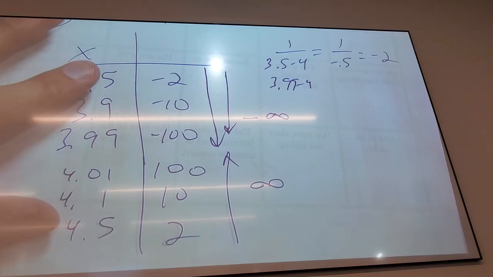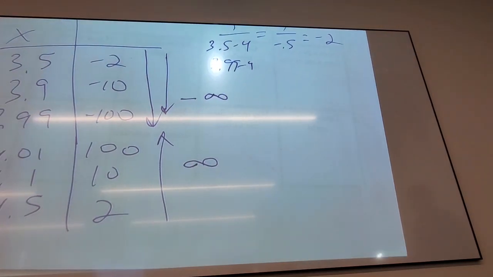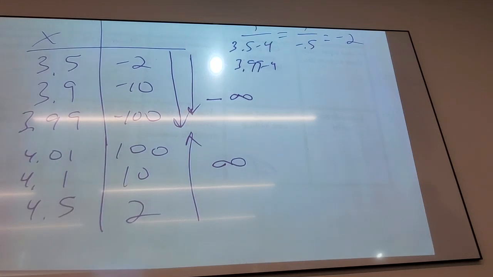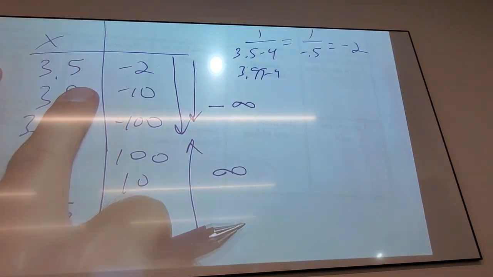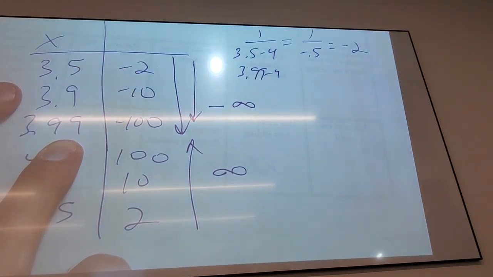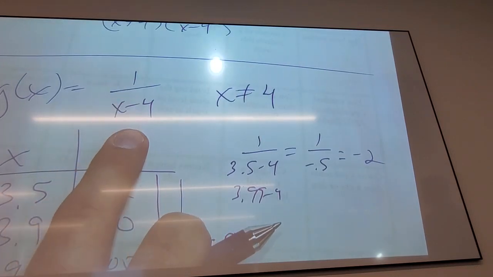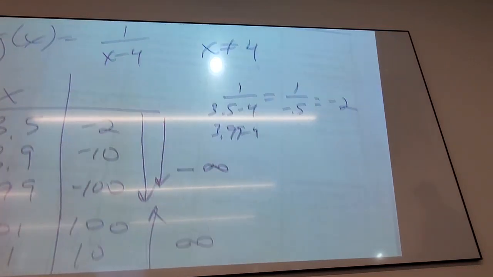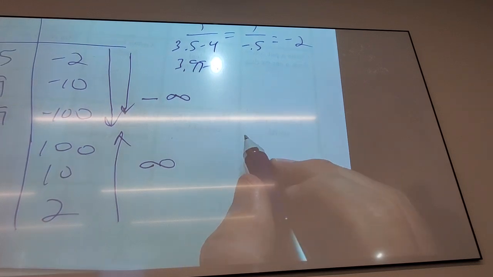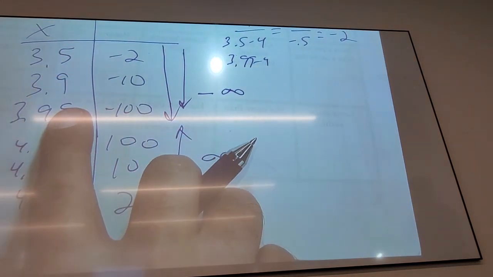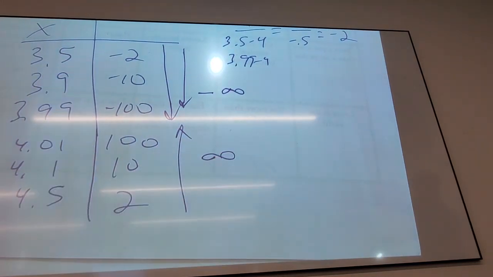Okay. Let me show you what this looks like in calculus speak. Do you guys agree that we never can get to 4? I can never just put 4 in, because then that's undefined. Right? So what we call this in calculus is a limit. In this case, is there really a limit? We would actually say the limit doesn't exist, because is there a limit to what I can get out?